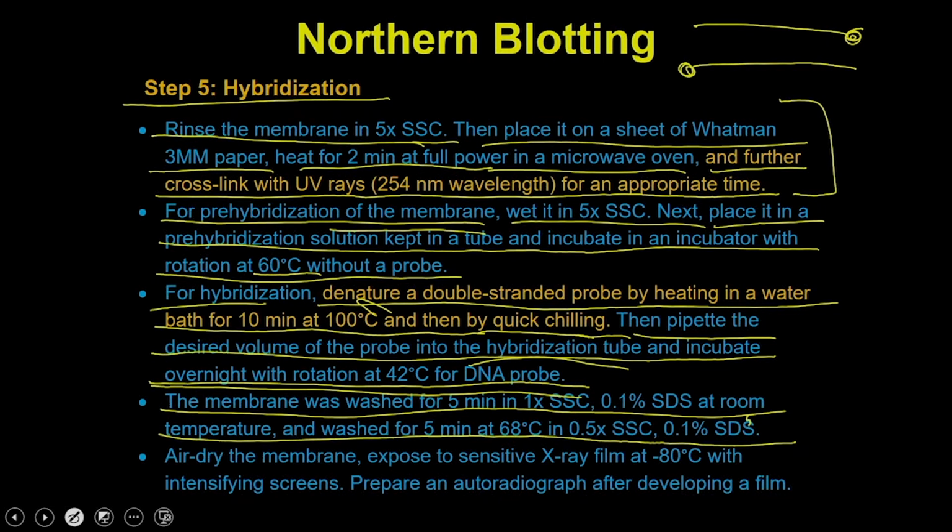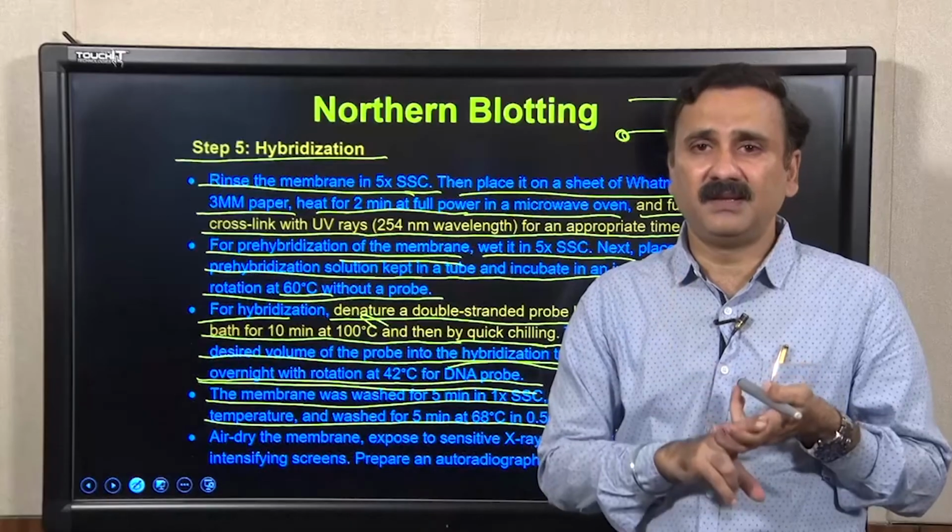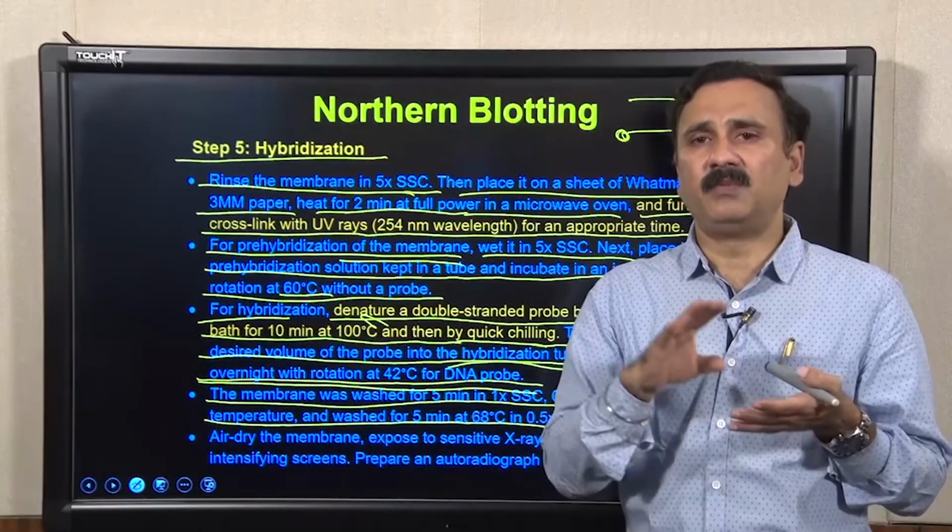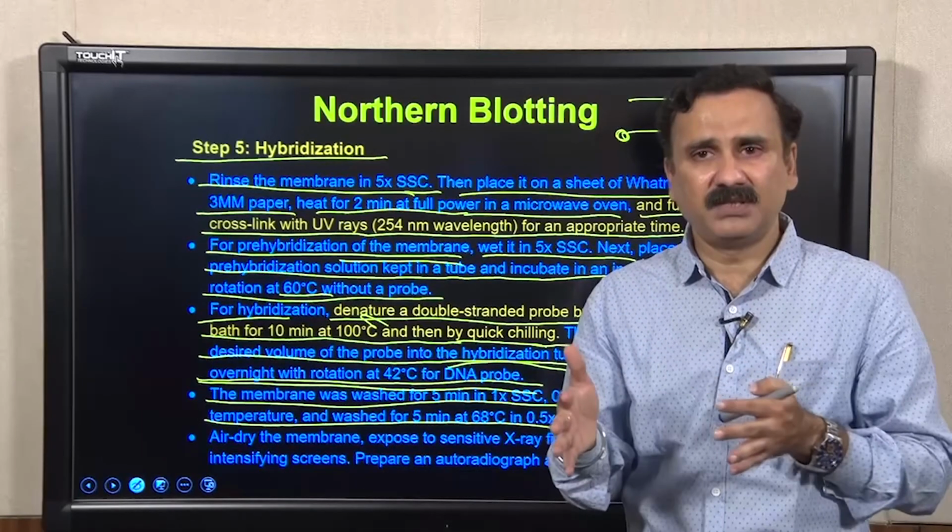All these temperatures we just discussed are a general understanding, but the temperature has to be optimized as per the signal you are getting. Once you do it the first time, you may see more non-specific signal, or you may see low signal, and depending on those you have to optimize the washing time, the SSC concentrations, the temperature and all those parameters.